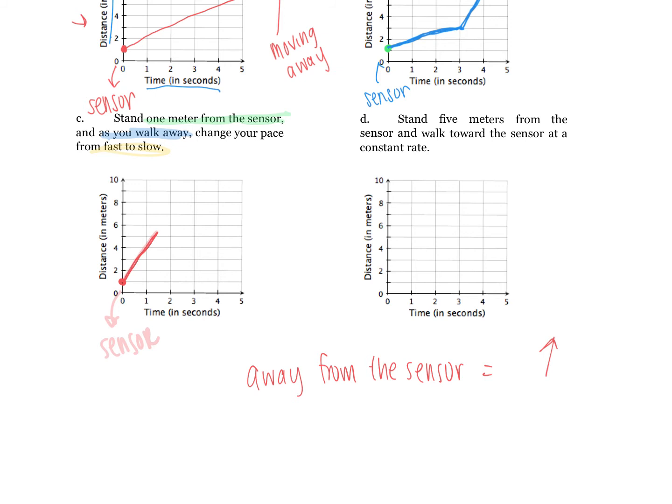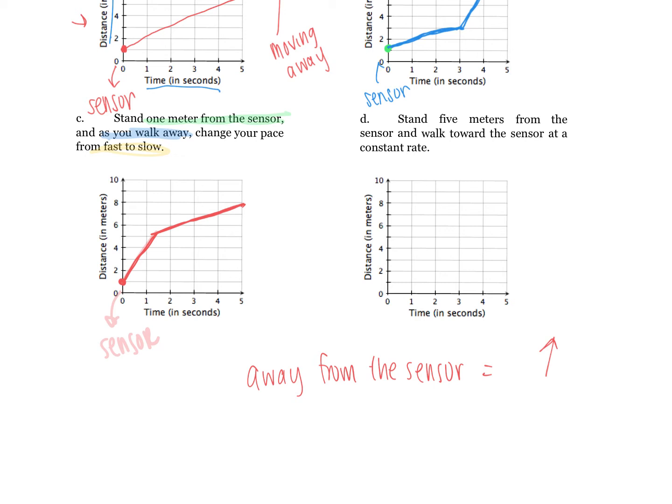But then I get out of breath, so I'm like, I'm just going to walk now. Now, I am still moving away from the sensor, so my distance is still going up, but just over time, it's only increasing very shortly, right? It's just increasing at a slower rate. So if I were to graph what this looks like, that would be it.